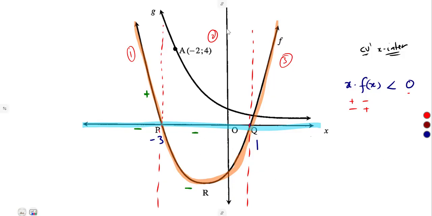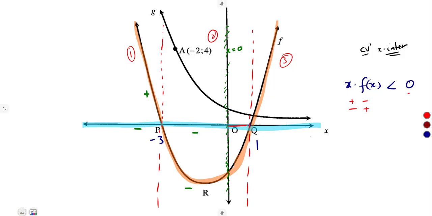Up to 0, meaning we must also consider the line x equals 0, because from there the values of x will now be positive. So our graph is limited to 0. Then we can move on from 0 to 1.